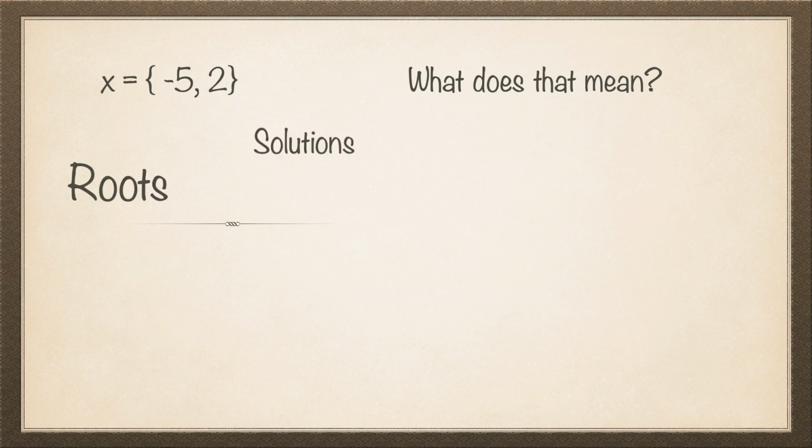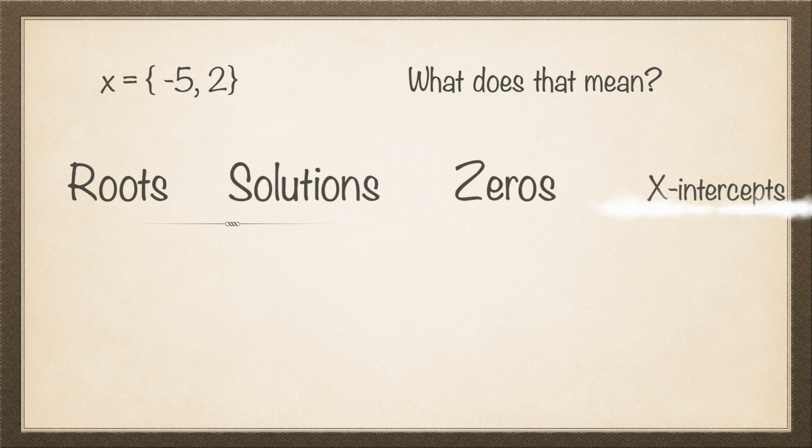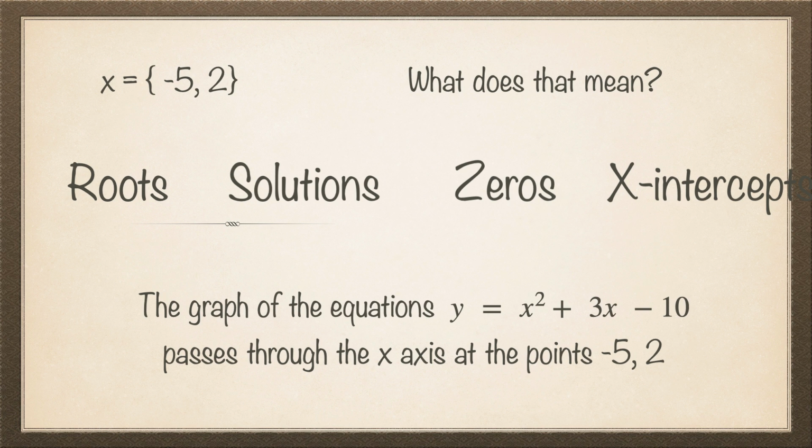I found the solution, which is another name for roots, which is another name for zeros, which is another name for x-intercepts. So in other words, I have found where the graph of this equation, y equals x squared plus 3x minus 10, passes through the x-axis. It passes through the x-axis at negative 5, 2.